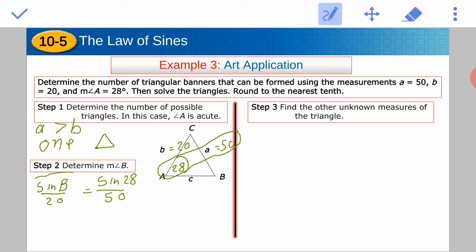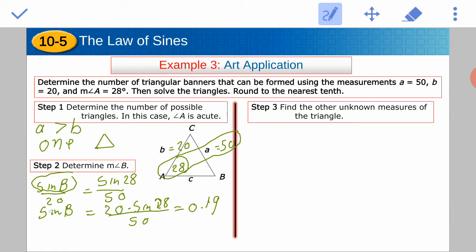To isolate sine B, you need to multiply both sides times 20. So sine angle B is equal to 20 times sine 28 over 50. If you put that on the calculator, you will get sine of angle B. It's going to be 0.19.